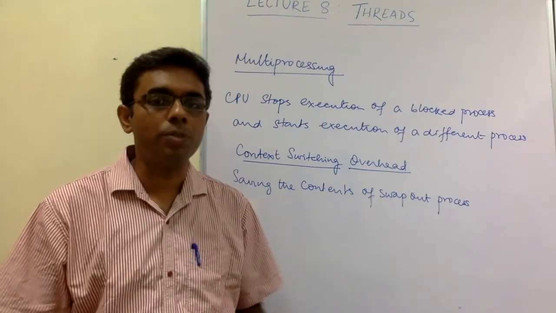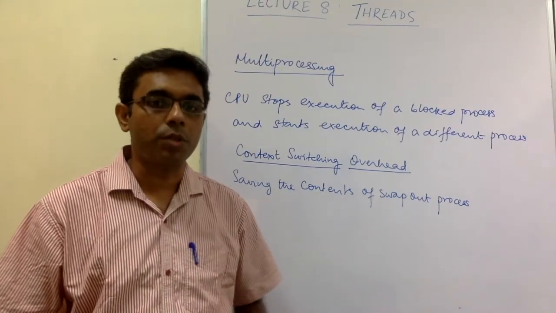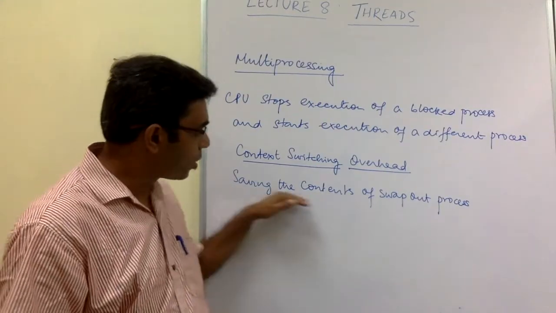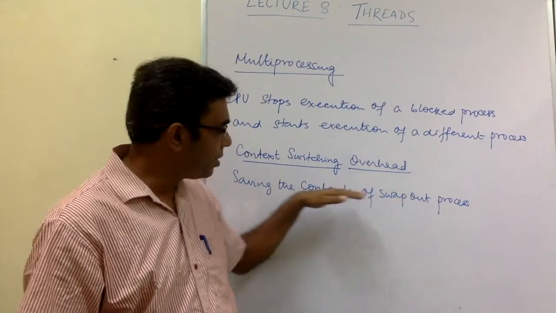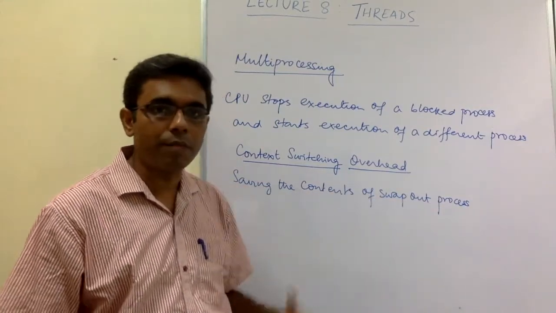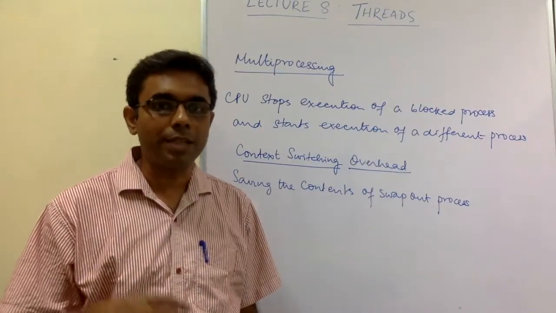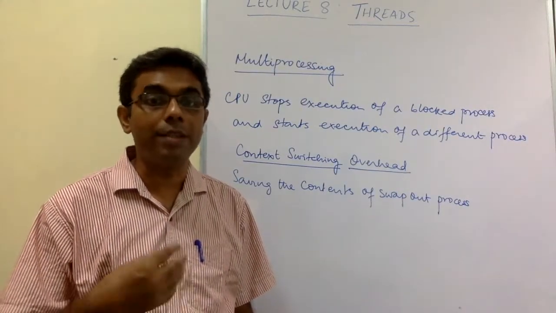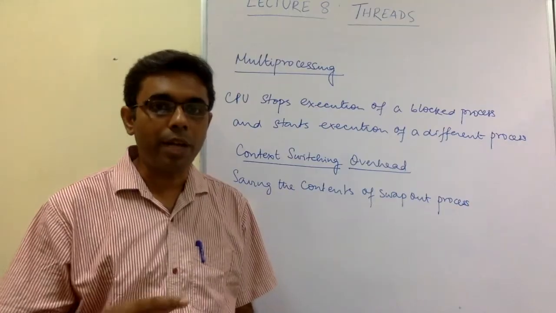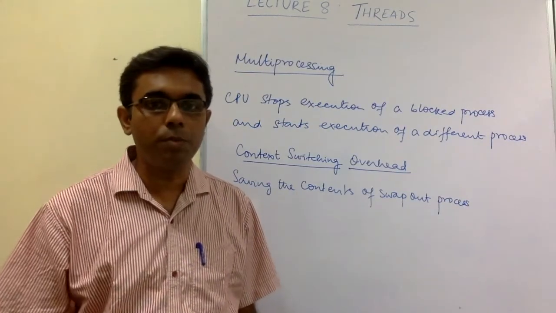That's what forms the state of that particular process. So whenever a process is swapped out, its state needs to be saved. And similarly, whenever a process is swapped in, that is, a process now is going to be executed by the CPU, its state has to be loaded onto the CPU registers.